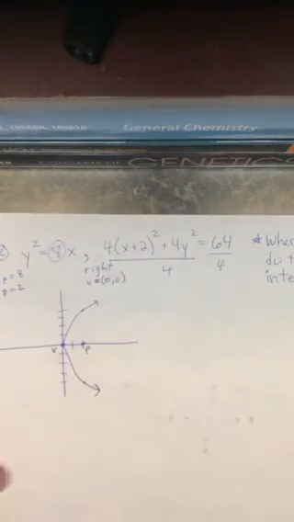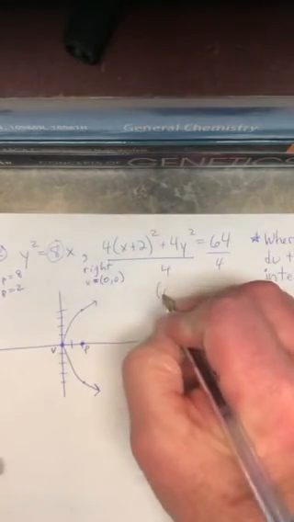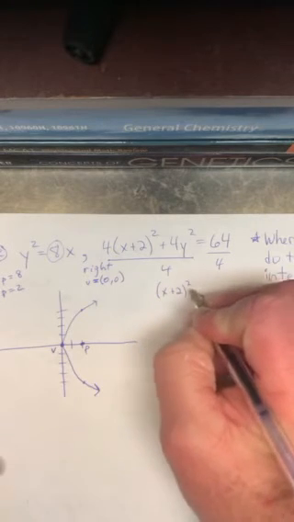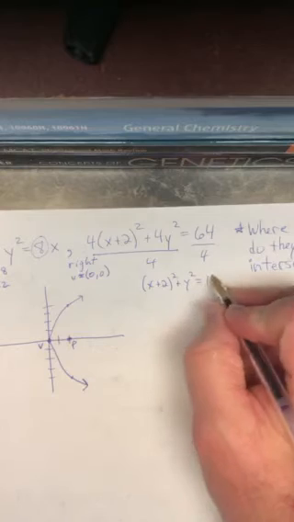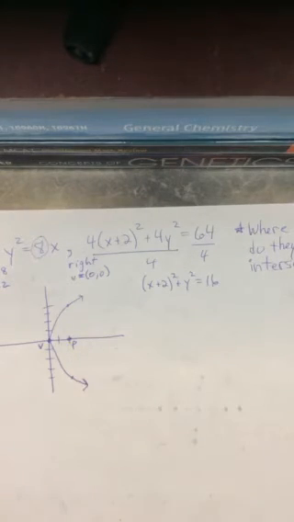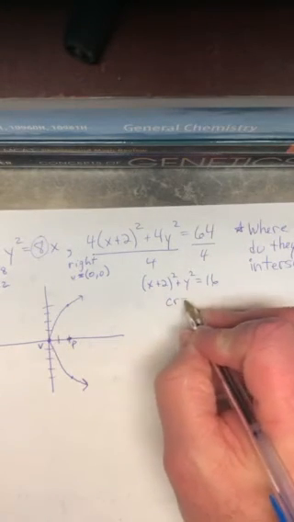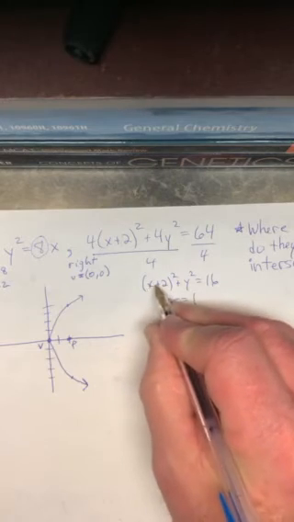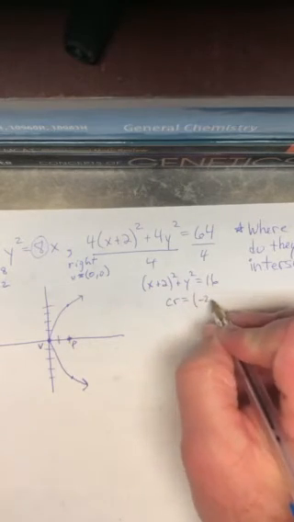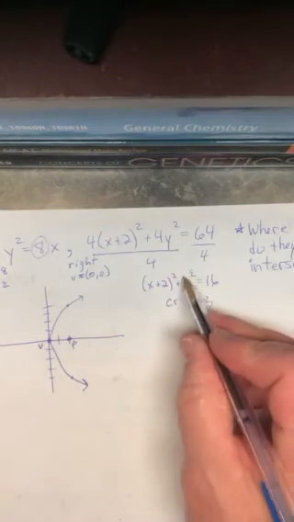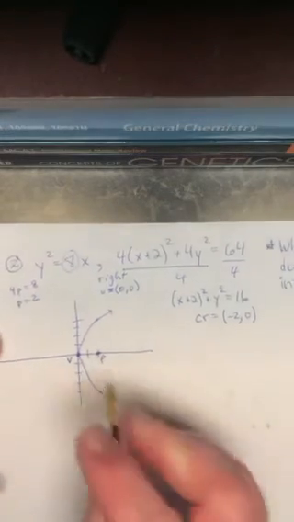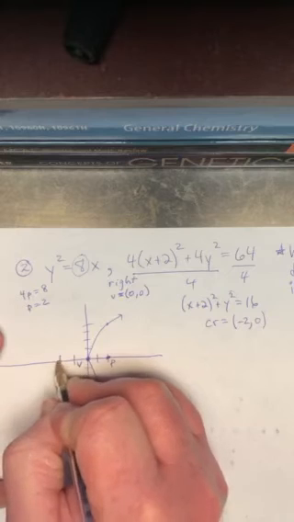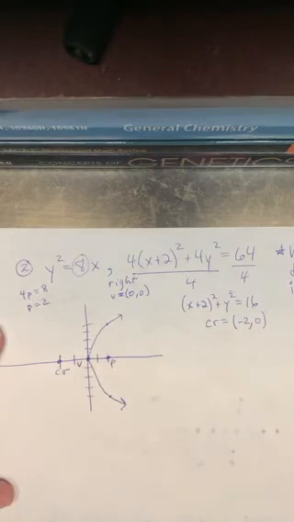The 4s will all cancel on the left, giving me (x plus 2) squared plus y squared equals, what is that, 16. Agreed? So the center of this circle is at what? What's the opposite of x plus 2? Negative 2. And since it's plain old y squared, I'm going to put a 0 there. So negative 2, 0 is the center of my circle.